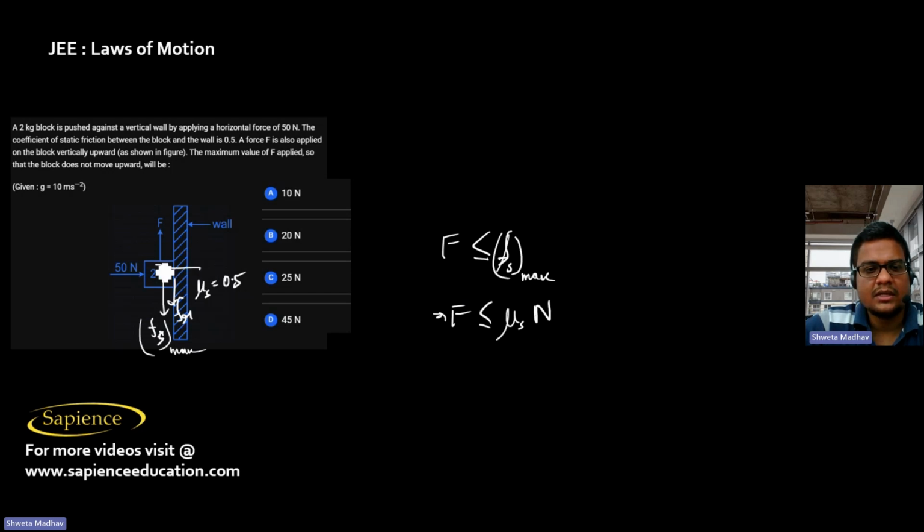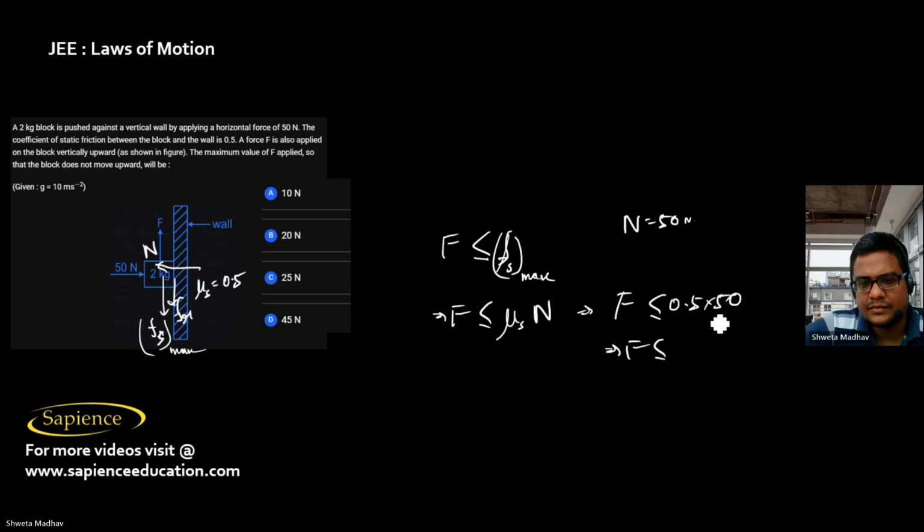Now here N, the normal force, is acting towards the left, so N will be equal to 50 Newton. So therefore F will be less than or equal to 0.5 into 50. That means F should be less than or equal to 25. But here actually F plus mg is also acting downwards.